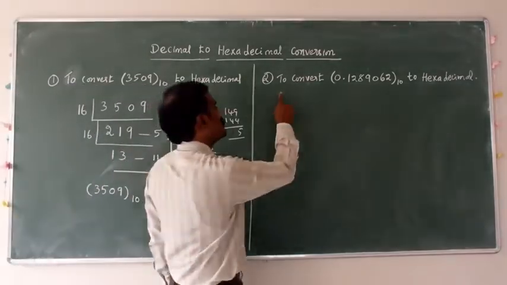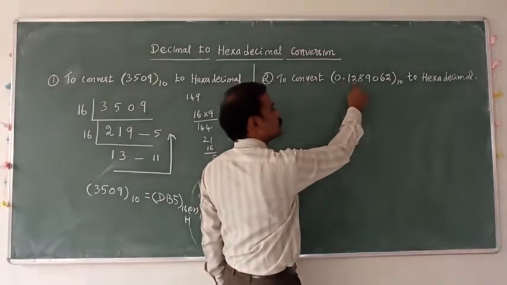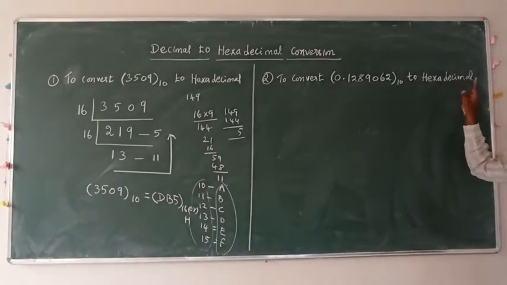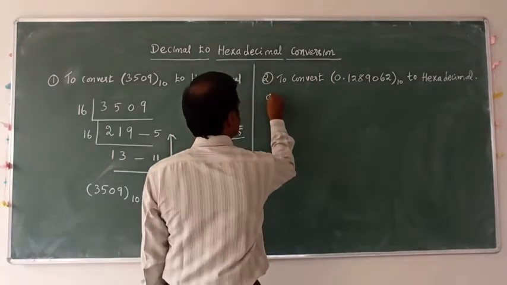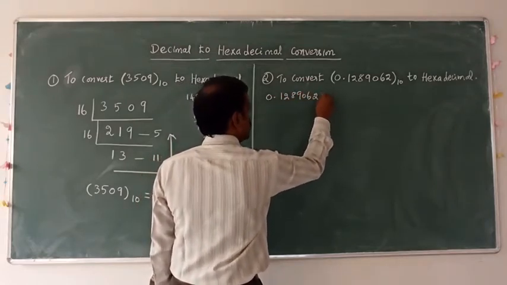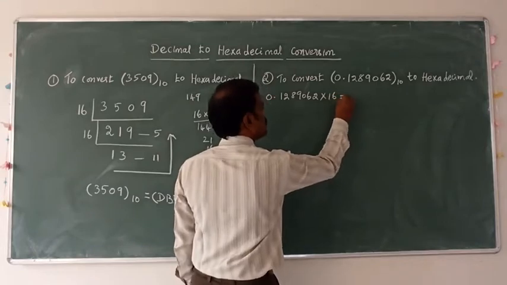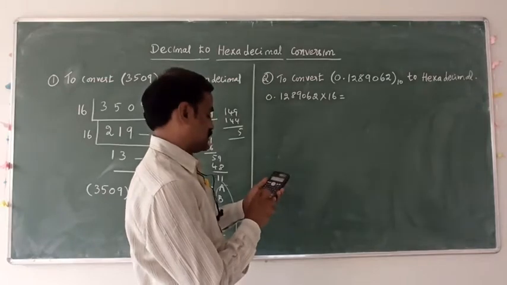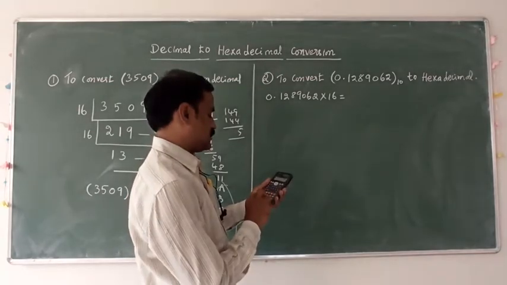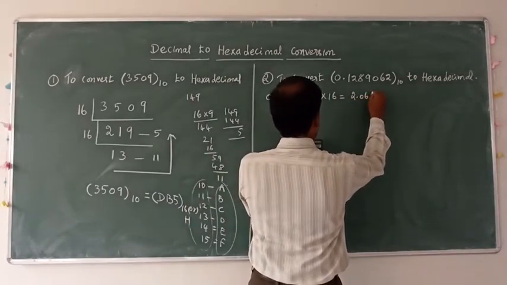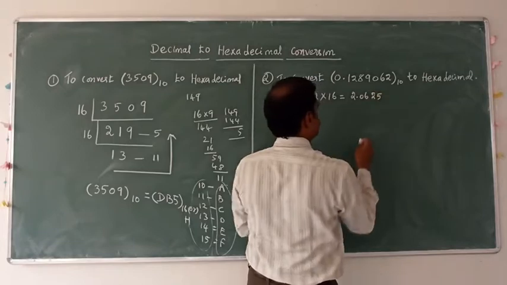Second sum, to convert 0.128962 base 10 into hexadecimal. For this, we have to multiply 0.128962 by 16. The result is 2.0625.